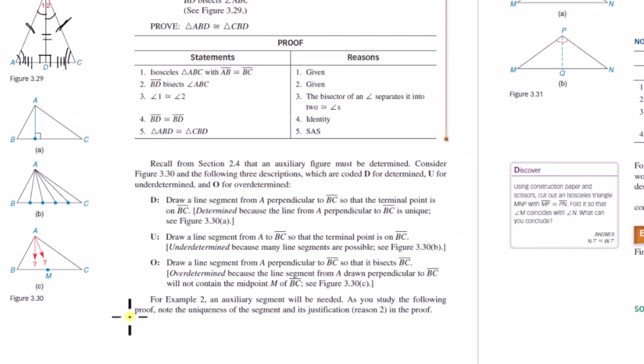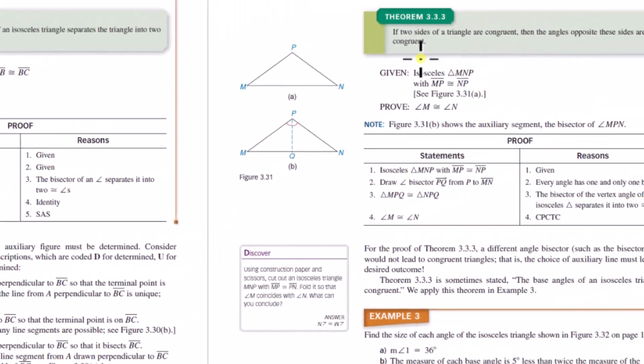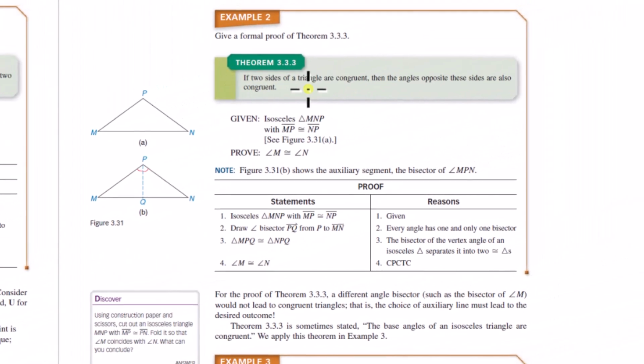Okay, so for example, this theorem here says that if two sides of a triangle are congruent, then the angles opposite these sides are also congruent. Okay, so let's draw a general triangle here. And now we're given that two sides of this triangle are congruent, so it's an isosceles triangle. That's the definition of isosceles.